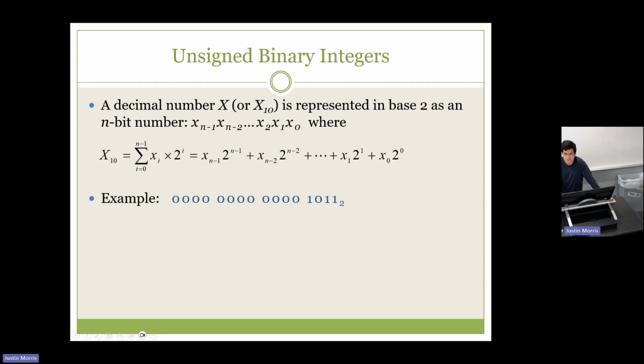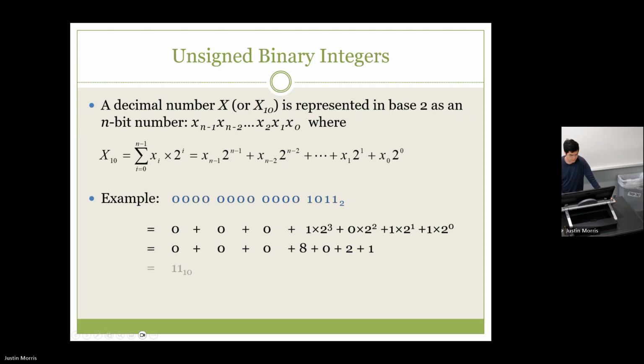So 8 plus 3, 11. So this is 11. Here's the equation, right? Coming from here, all of these zeros, because they're all zeros, they're going to multiply that 2 to the power by 0. And then we have 2 to the 3, 2 to the 1, 2 to the 0: 8 plus 2 plus 1 is 11 in base 10.